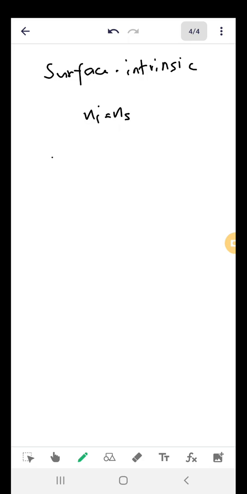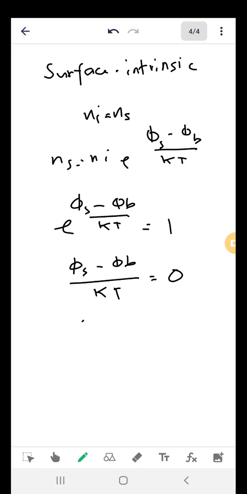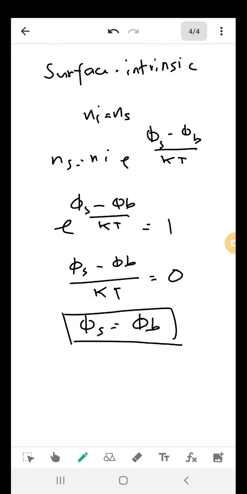So that is the case, and if we see Ni e to the power (phi s minus phi b) by kT, that makes e to the power (phi s minus phi b) by kT equal to 1. So that means (phi s minus phi b) by kT should be equal to 0. That means phi s should be equal to phi b. This is the condition for making the surface intrinsic.